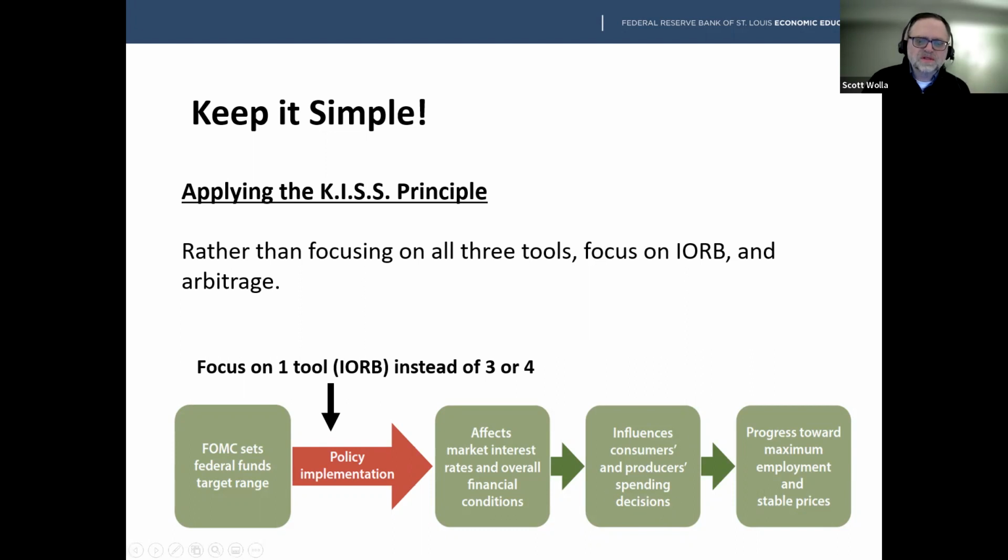As those decisions are made, you get progress toward maximum employment and price stability. In that scenario, we mentioned only one tool, only once. Instead, we're focused on how this plays out in the economy.